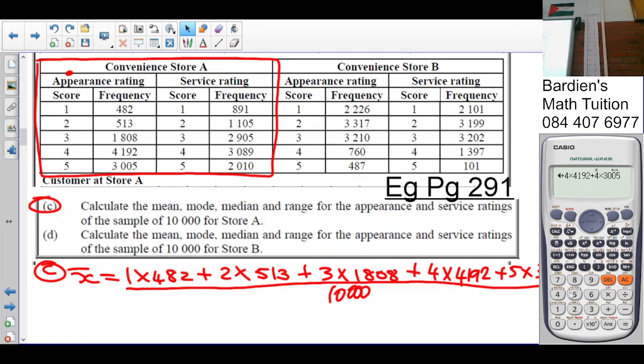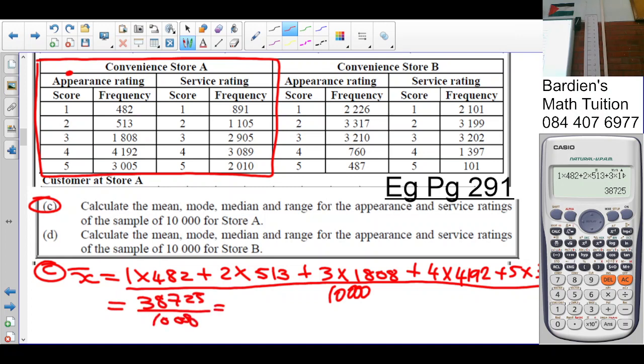Oh, I wrote 5. Sorry, thank you. So that gives you 38,725. 38,725 must be divided by 10,000.